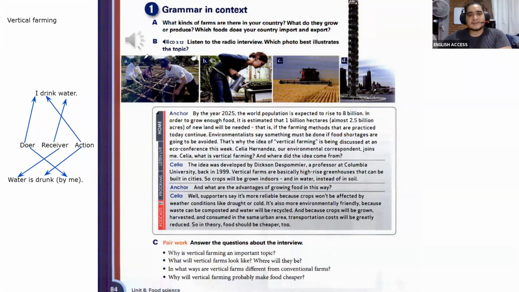So what can you tell me, please, following the reading, what is the first passive voice sentence that you can see? Let's identify them all.